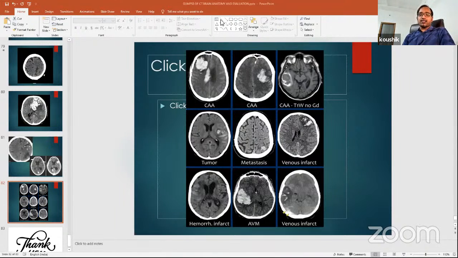Usually this is advised in unexplained vertigo, unexplained tinnitus, sudden onset facial palsy, and sudden onset trigeminal neuralgia-like pain, where we have vascular loops abutting these cranial nerves. The pulsatility of these vascular loops causes neurological deficits in the adjacent cranial nerve. Usually we do that posterior fossa study for the cranial nerves and vascular loops.